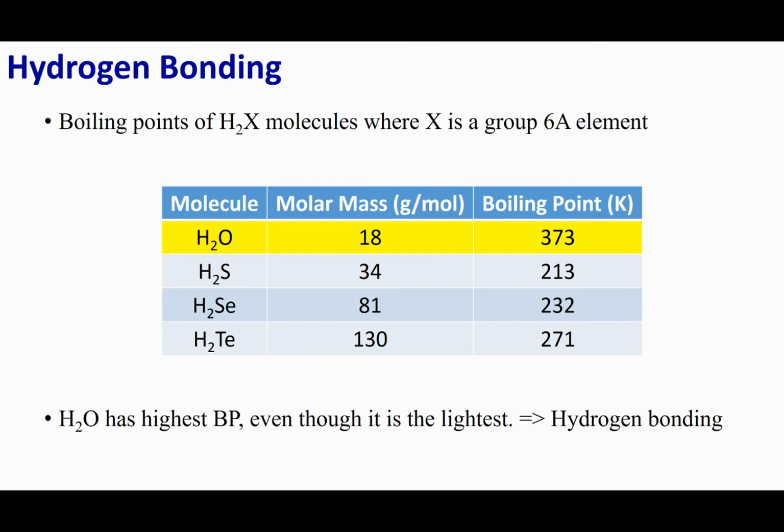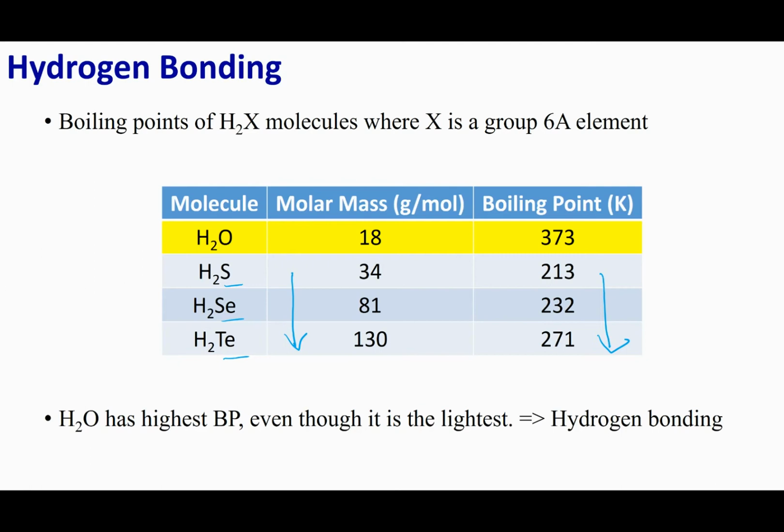Now, just to show you how great the hydrogen bonding is, take a look at this series of compounds. These are the elements in group 6A attached to 2 hydrogens. Now, what you guys will see, sulfur, selenium, tellurium, these are bigger molecules. So as I go down, I increase my LDF forces, and you guys can see that my LDF forces increase my boiling point.